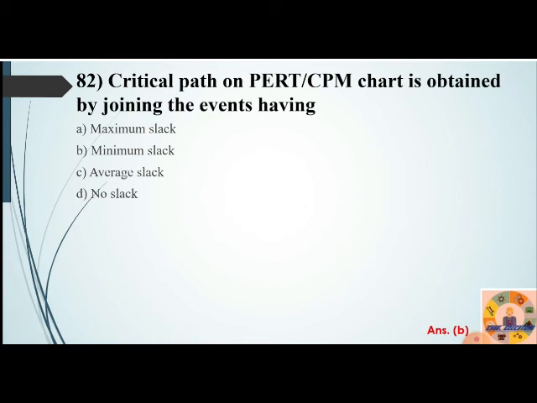We also know the maximum time consuming path from the first event to the last event in the network diagram is known as the critical path. So, the right answer for this question will be option B, minimum slack.